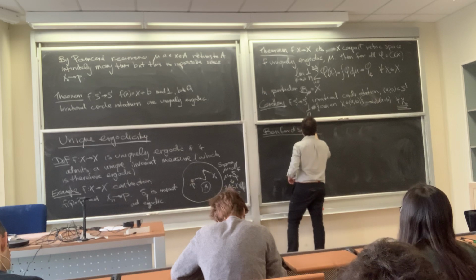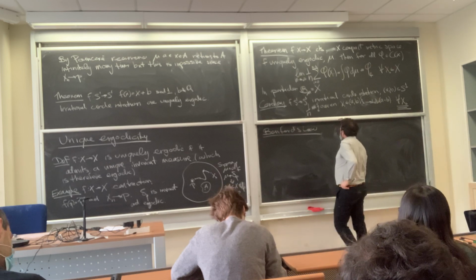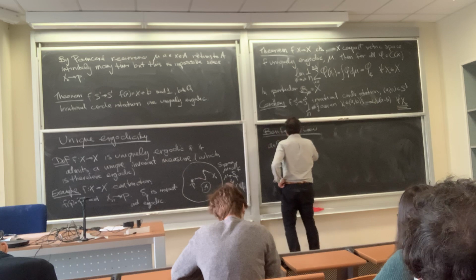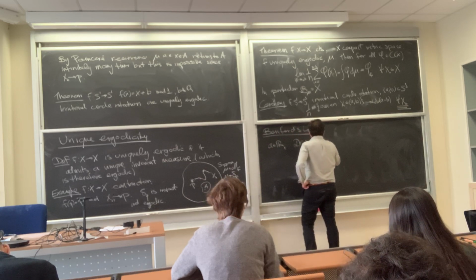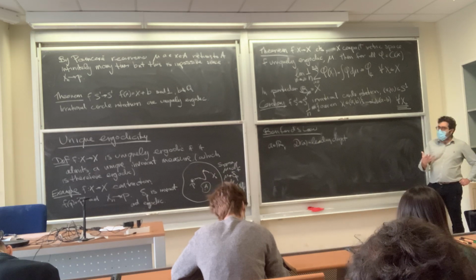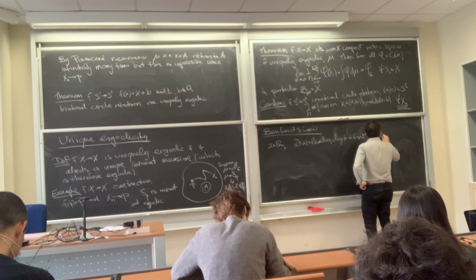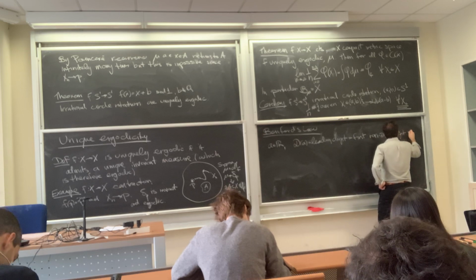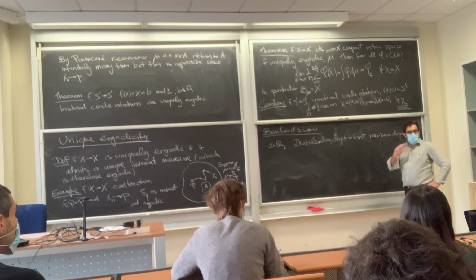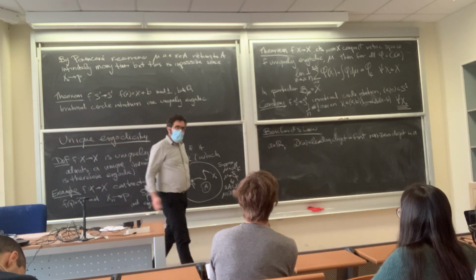I don't know if any of you have ever heard about Benford's law, probably not. The main concept in Benford's law is that of the leading digit of a number. If we take a number A, any real number, we define D(A) to be the leading digit, which means the first non-zero digit in A. If A is bigger than 1, then the first non-zero digit is just the first digit of A. But if A is between 0 and 1, like 0.007 something, then 7 is the leading digit.